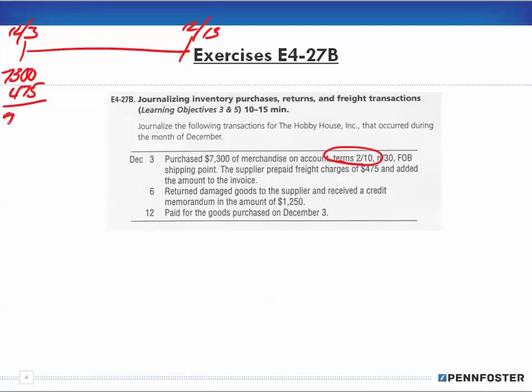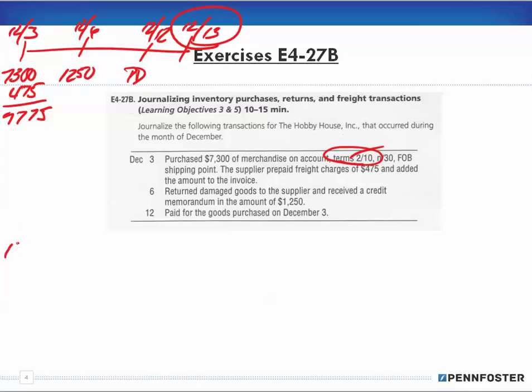So the invoice is going to end up being $7,775. On 12/6, damaged goods are returned to the supplier and a credit of $12.50. And then on 12/12, the invoice was paid, but notice that's within the discount period, so we're going to have to calculate the discount.